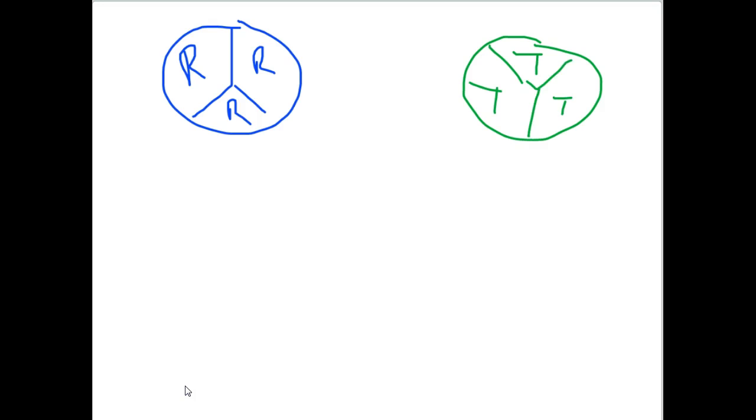And so let's start off by saying that we have some enzyme in the R form, and we're going to make this a trimer, which means we have 3 subunits, and we have some enzyme in the T form. And it doesn't matter how the subunits are configured, it's the same enzyme, it's in the same configuration.